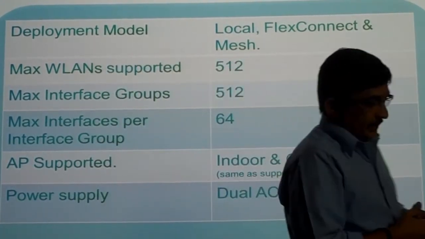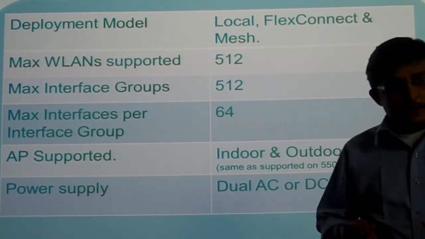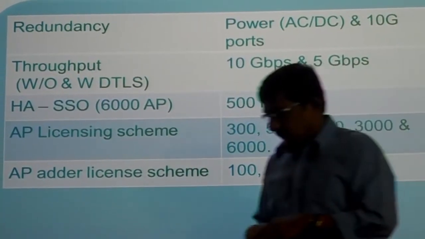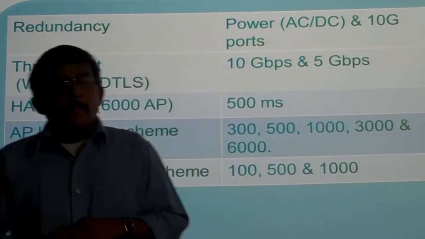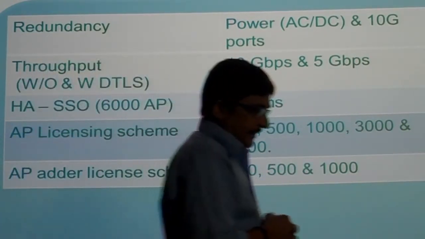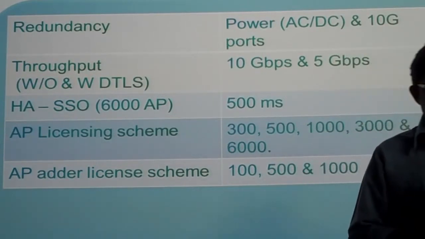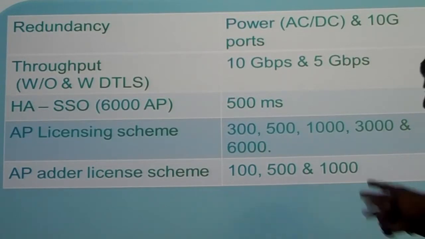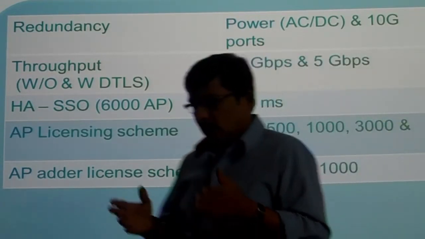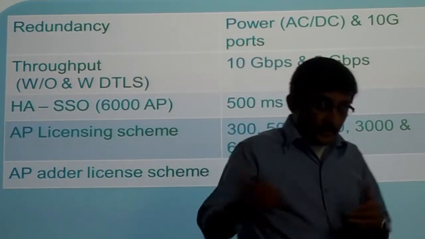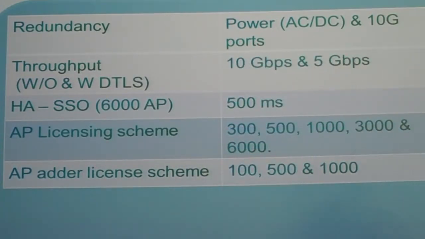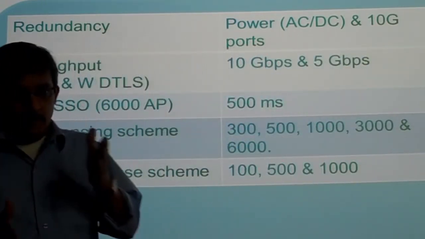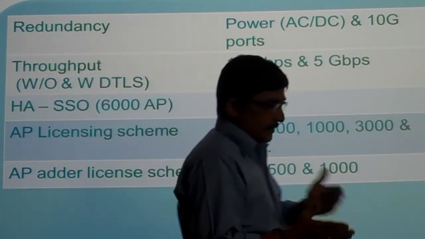It supports dual power supplies, whether AC or DC. On a redundancy level, for a single unit, the power supplies can be operated in redundancy mode. It also has two 10 gig ports where you take wireless traffic from the wired side and switch towards the wireless side, so both ports can back up each other.